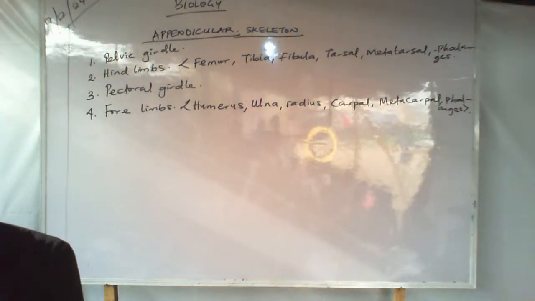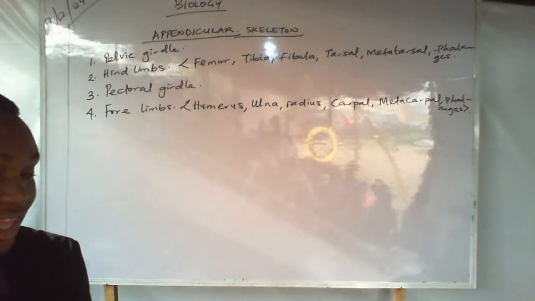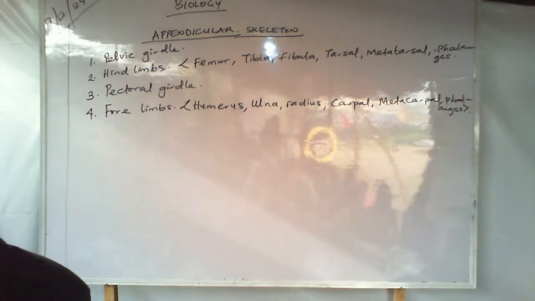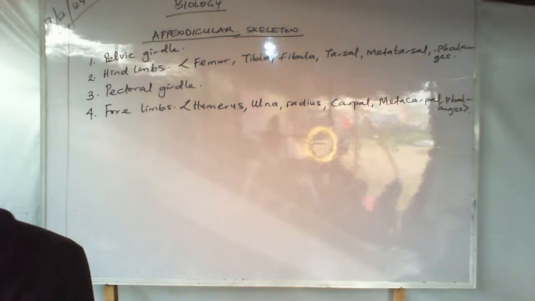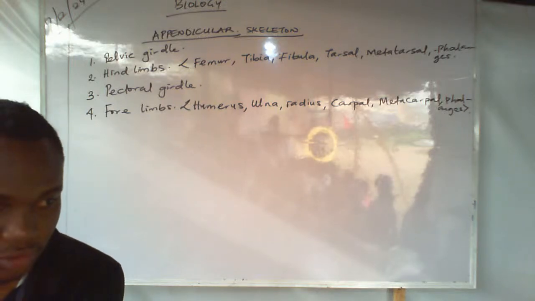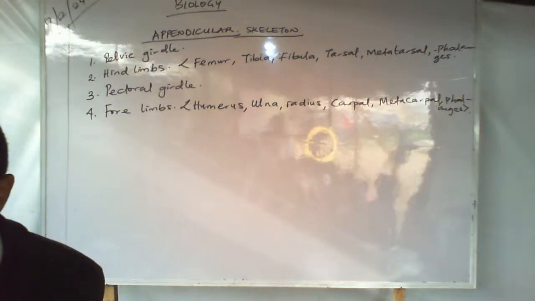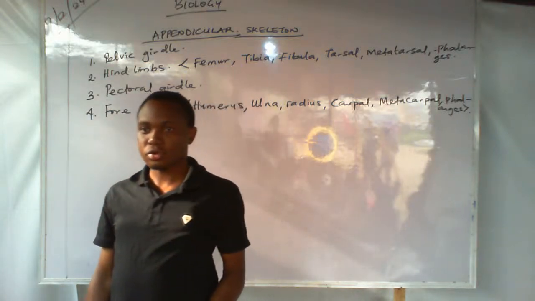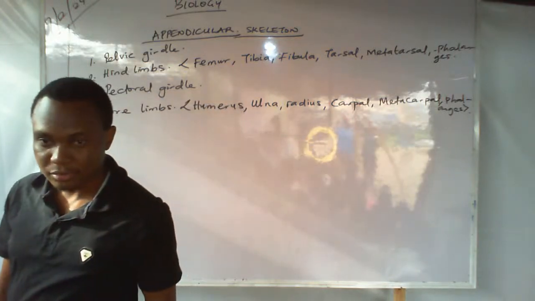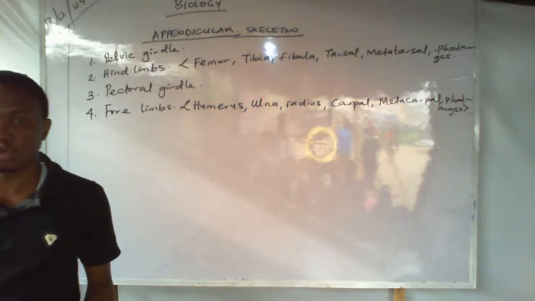You say carpals? I said tarsals. Yeah, I'm describing tarsals for you. This is the carpals, metacarpals. They are sets of tiny bones fused together here. The same thing happens to your tarsals.